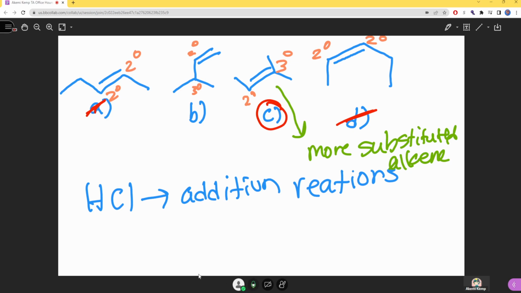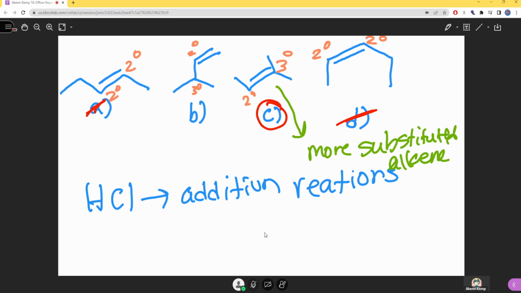So that's why in certain cases, even though the double bond could be connected to a tertiary carbon, we still have to worry about rearrangement because the secondary carbocation can still form, and then you would use a hydride shift to change it. So C is also the answer because of how more substituted the alkene is.